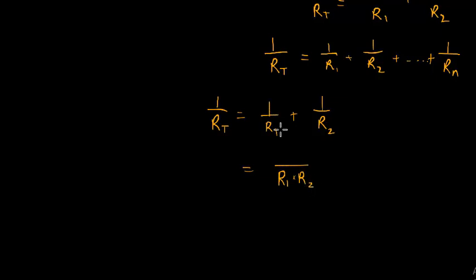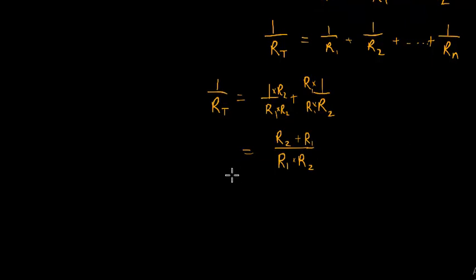The first denominator did not have the R2, so I must multiply with R2 top and bottom, and that gives me R2, and the next one didn't have R1, so I have to multiply with an R1 top and bottom, and that gives me R1 times 1 is just R1, so plus R1.